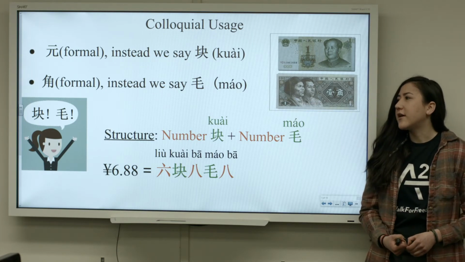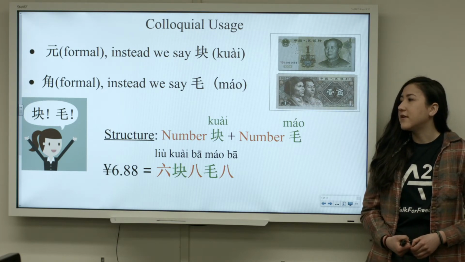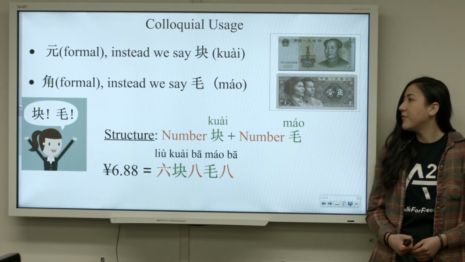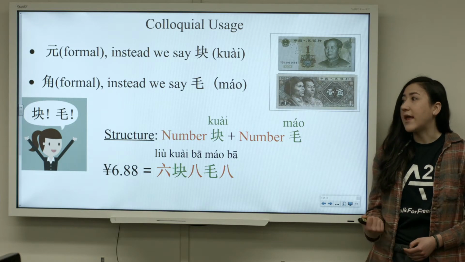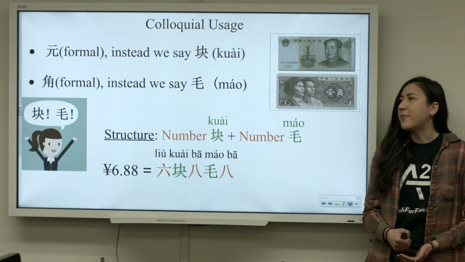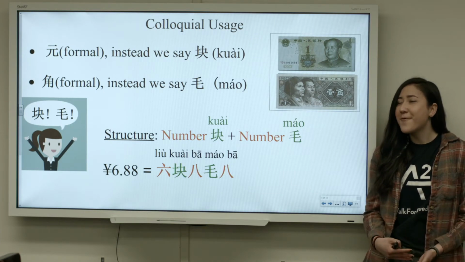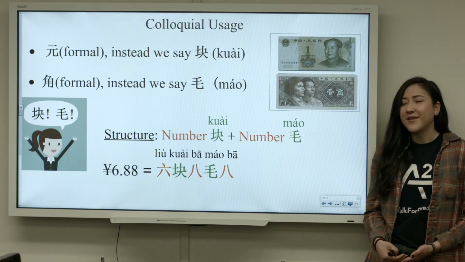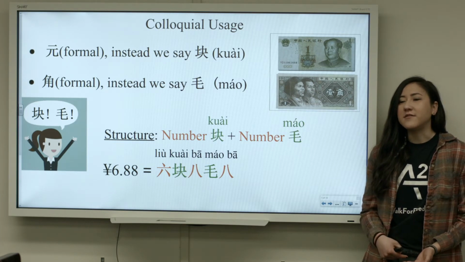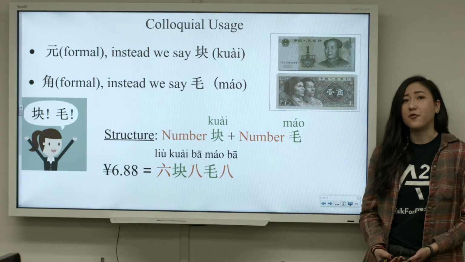So in the US, normally we'll see $6.99, $5.99, all that. But in China, they'll often use double eights because 8 in Chinese is ba, and ba kind of sounds like fa, and fa cai is a common thing you'll hear, and it means to have a lot of wealth or to have good fortune.